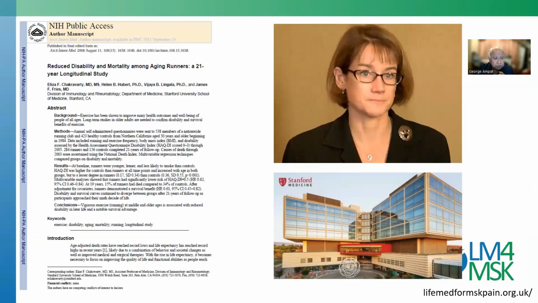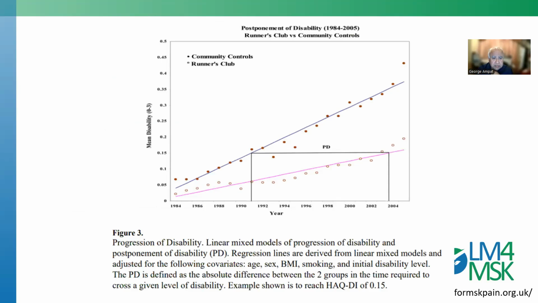I don't know whether I put up this slide last time. This is Eliza Chakravarti, the work that she did in Stanford. They took about 1,000 patients, half were runners, half were not runners. We think that by running you're causing more arthritis, but that is not the case. She followed up these patients for nearly 21 years. They found that the people who have arthritis and pain are among the non-runners.